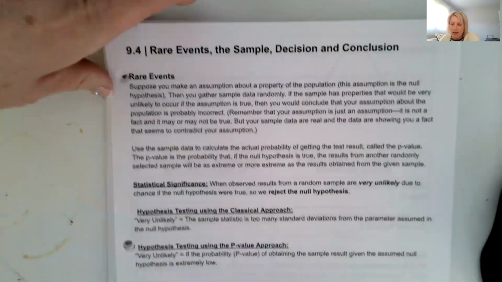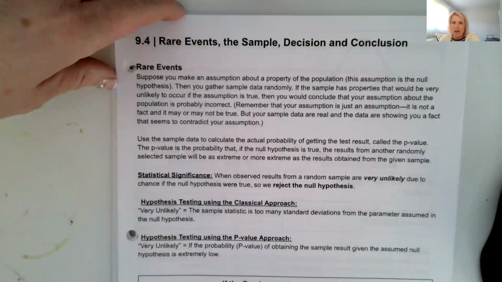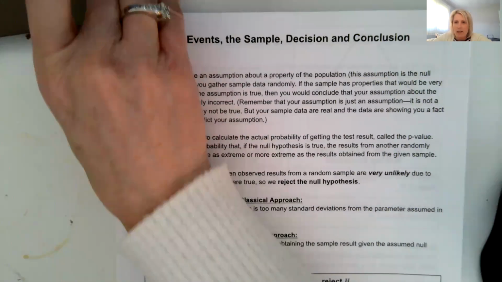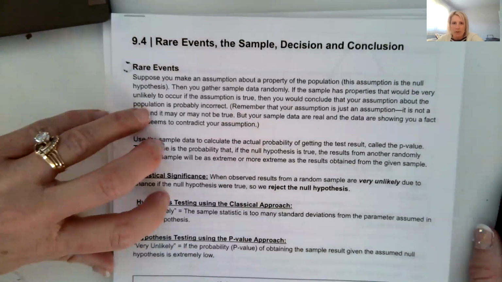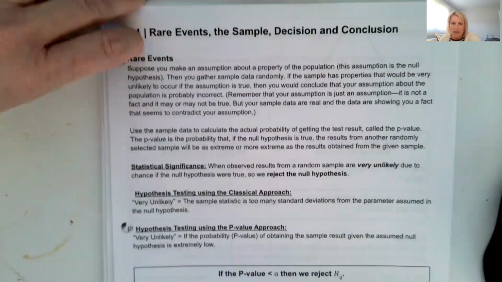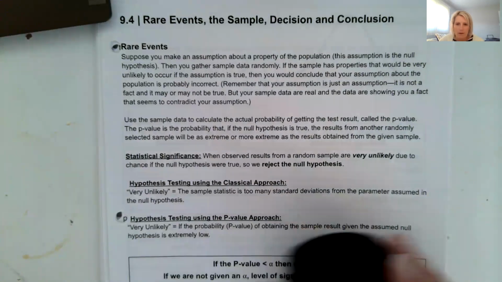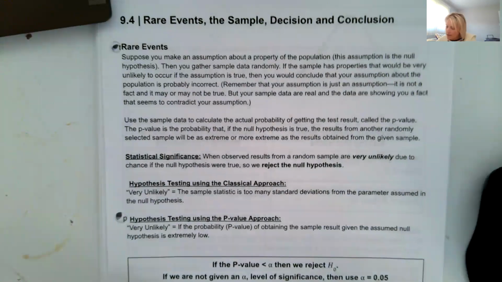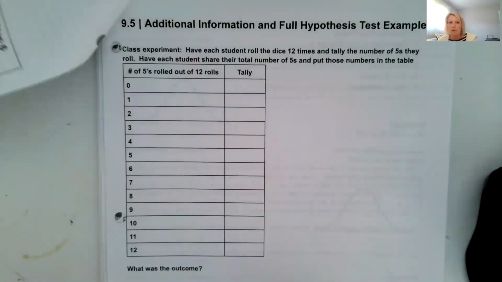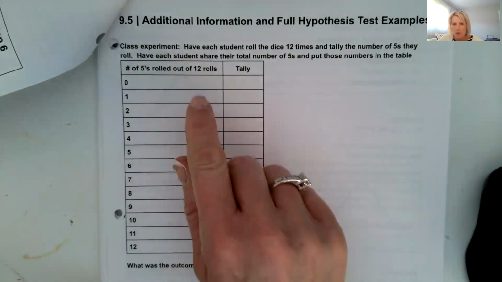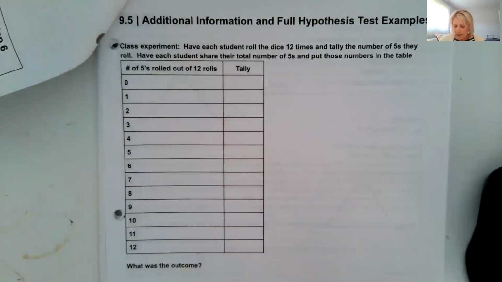A rare event happens when you have a typical situation, and then the next time you do that same activity, it turns out something that seems unusual. The activity you should have done with your group was looking at the number of fives rolled out of 12 rolls on a die.